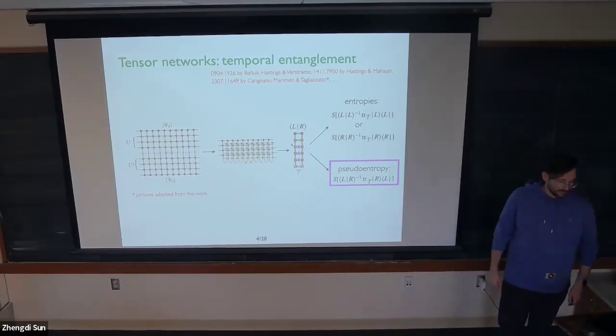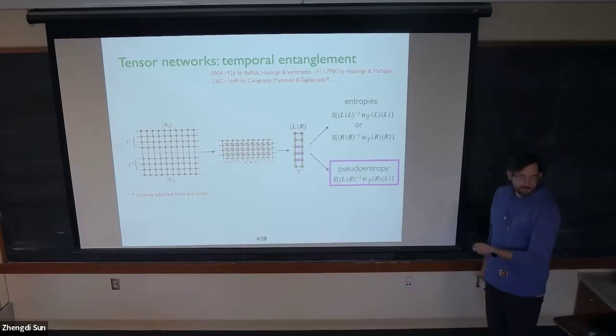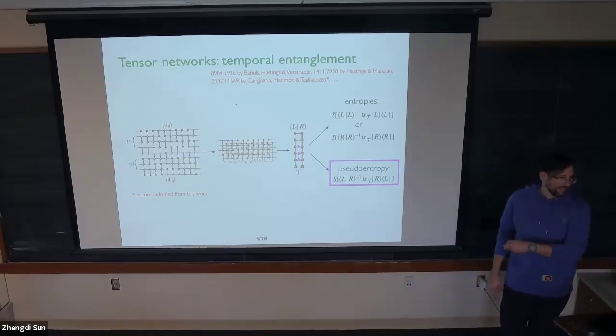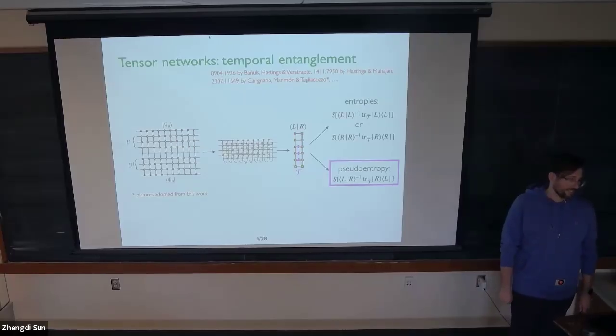And when you do this, the pseudo-entropy is independent of this choice, whereas the other things might depend on this choice. So in this way, it's a nicer quantity to consider because it's gauge independent, so to speak. But the price that you pay is a quantity that is going to evade many things that you learned from quantum information about entanglement.